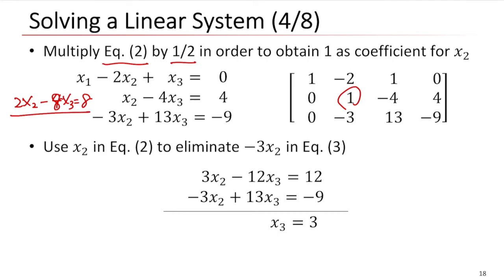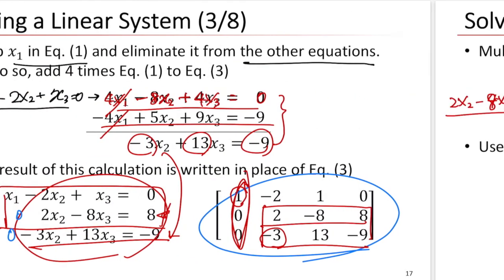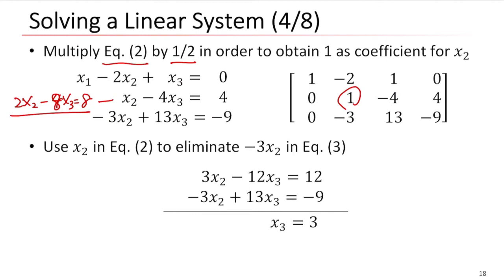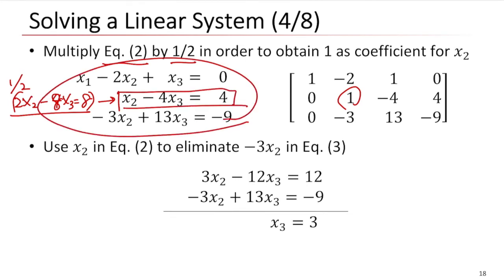It was the original equation here, but we can just multiply by 1/2, and we can get the new equation like this, and this whole equation can be converted to the augmented matrix like this.